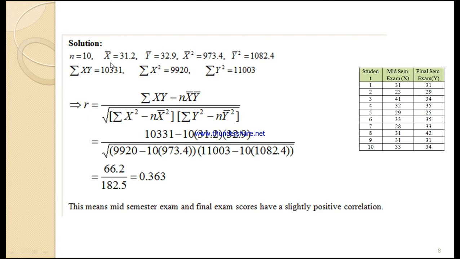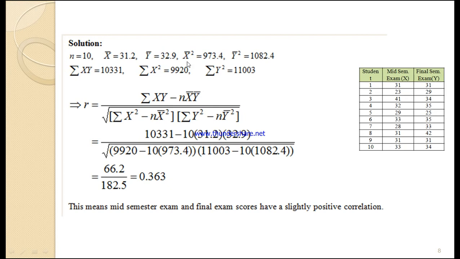Then we calculate the sum of x times y, which means we multiply the mid-semester exam result of each of these 10 students by their final semester exam results, and when we add the results of this multiplication, finally we obtain 10,331.